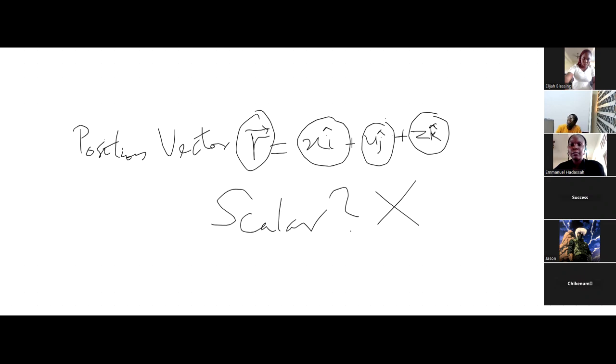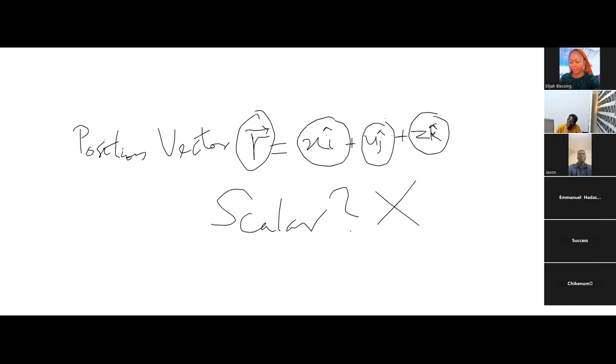Justin, give another example of scalar quantity. Mute yourself, Adasa. Justin, another example of scalar quantity. Time. You are correct. Can you give another example? Distance.